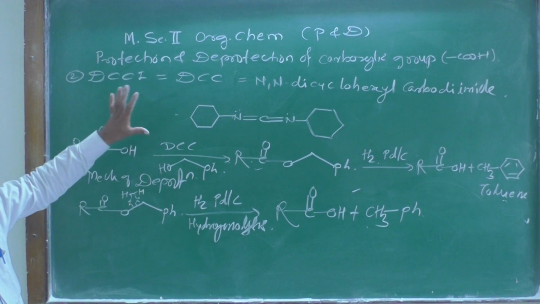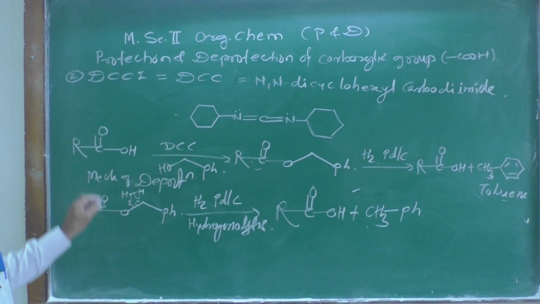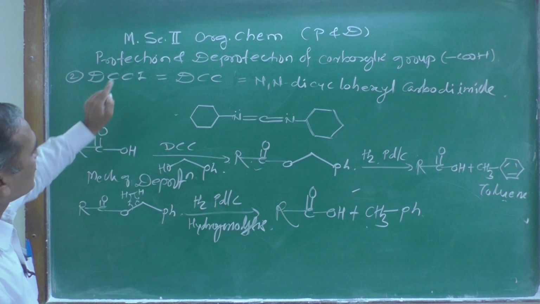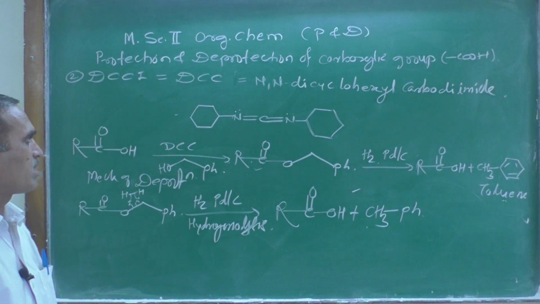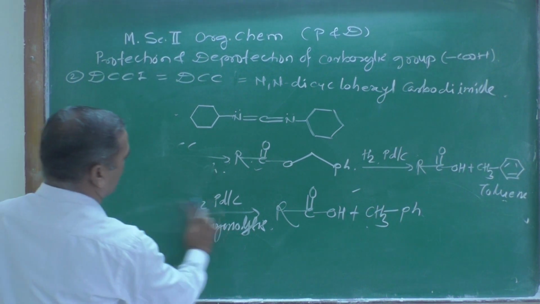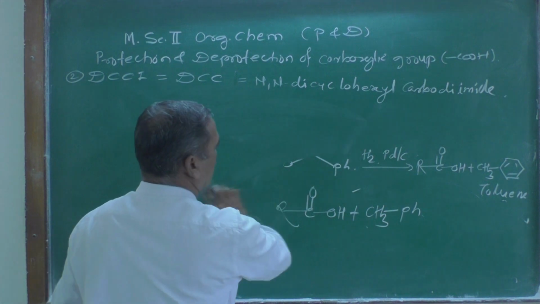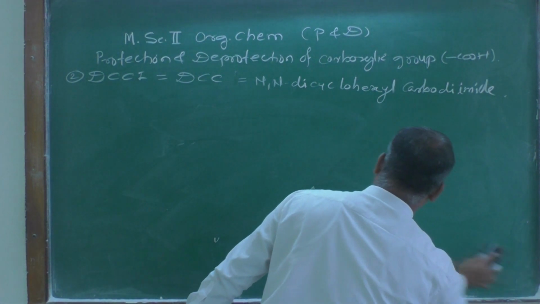So in this way we have learned the general mechanism with the DCC, how it takes place. Now let us look at an example. With a suitable example we are going to explain this point in a much better way.